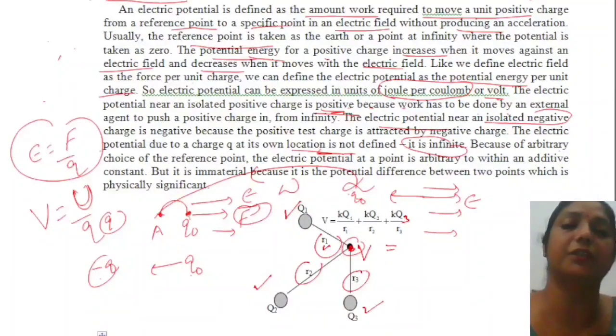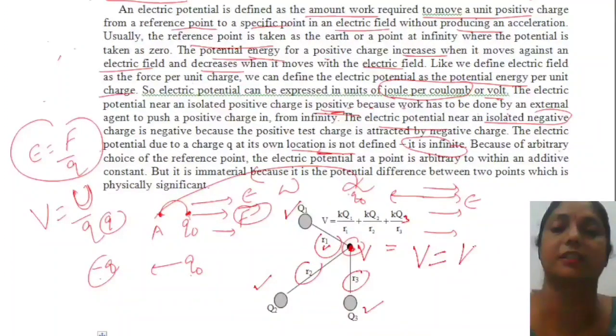So potential due to a point charge, what is the formula in terms of K, Q and distance? The potential due to a point charge Q is given by KQ by R. R is the distance at which the potential has to be determined. So hope it's clear to all of you what is given in the paragraph about electrostatic potential.